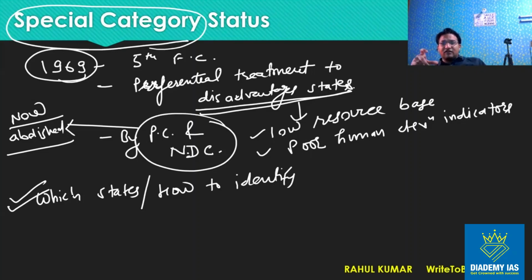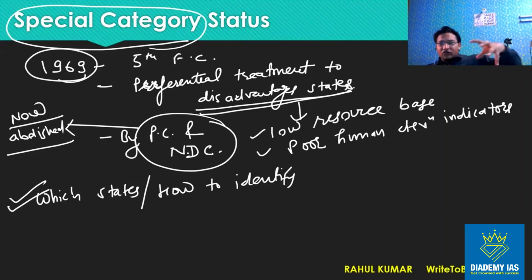So these states which are strategically located along the border with neighboring countries are also disadvantaged. Right? Next, those states which have economic and backward infrastructure, and next, those states which have non-viable state finances.